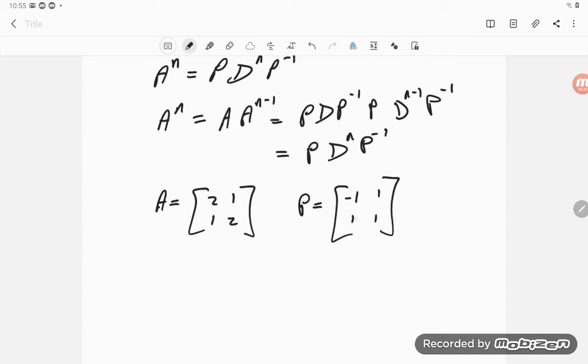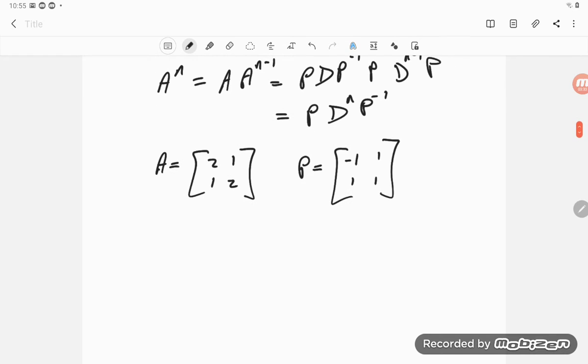So my eigenvectors are negative 1 and 1, and then 1, 1. And D, the corresponding eigenvalues, were 1, 0, and 0, 3.